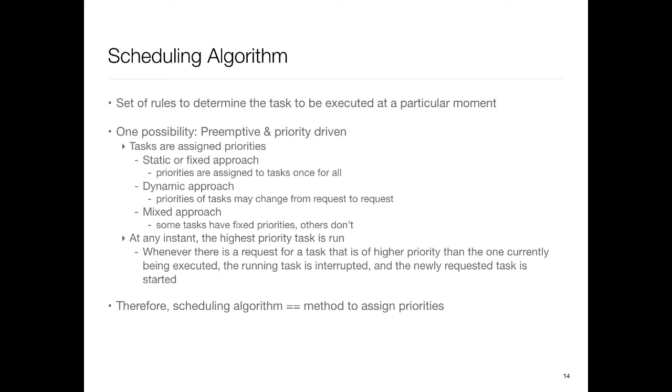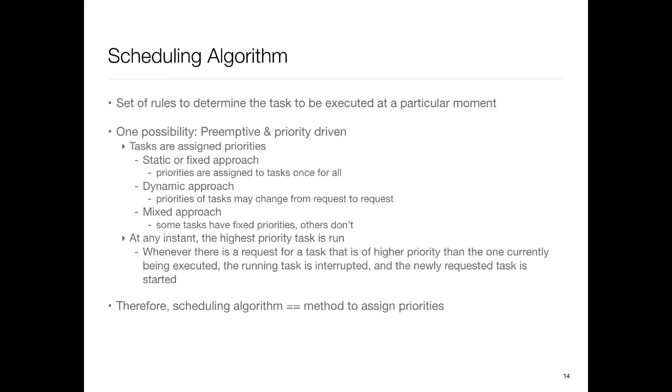Priority driven means that every task has a priority, and we will make sure that the highest priority task gets the CPU. So my rule is very simple. If an event happens for whatever reason, I see which task has the highest priority, including the currently running one. And if the highest priority task is different than the currently running one, then I preempt the currently running one and give control to the higher priority task.